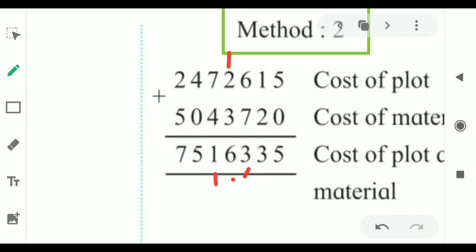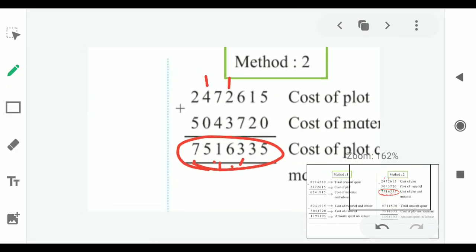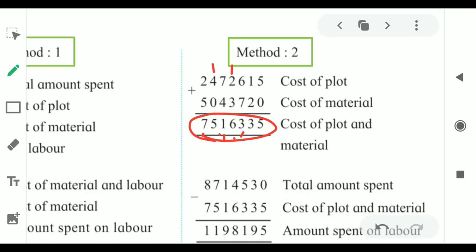We write here 1 and 1 is carried over. Then 4 plus 0, 4. 4 plus 1, 5. Then 2 plus 5, 7. So we get 75,16,335. This is the cost of plot and material.